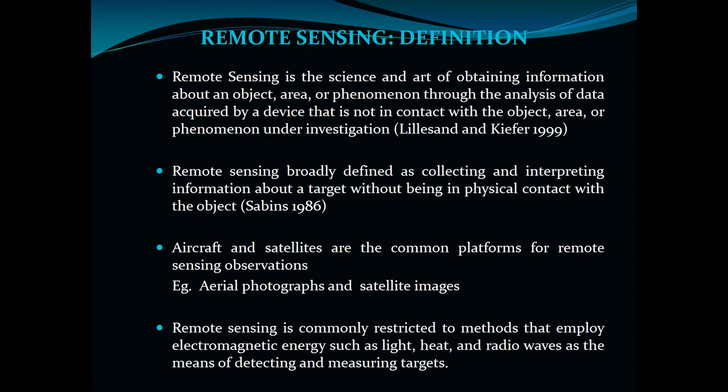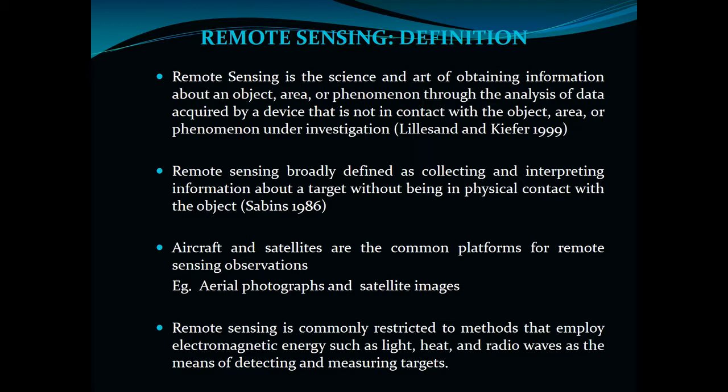We properly define in textbooks: remote sensing is the science and art of obtaining information about an object, area, or phenomenon through analysis of data acquired by a device that is not in contact with the object, area, or phenomena under investigation. Or broadly, you can also define it as collecting and interpreting information about a target without being in physical contact with the object.